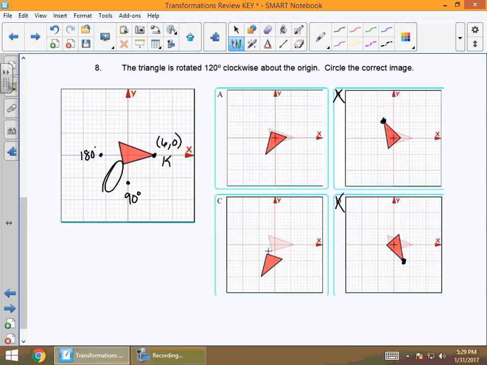And it's all coming down to the center of rotation. If you look at the little crosshairs, that center's at the origin, this center is not at the origin. And it says about the origin. So that's why it's not answer choice C, and it is answer choice A. So this page, both answers should have been A.